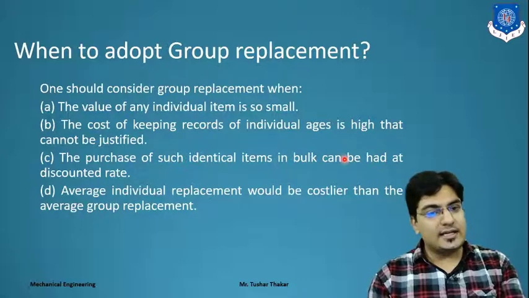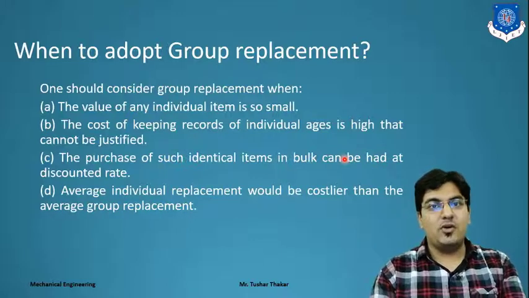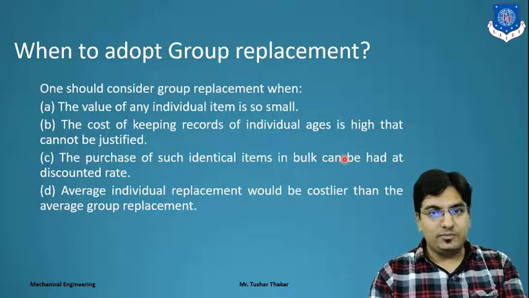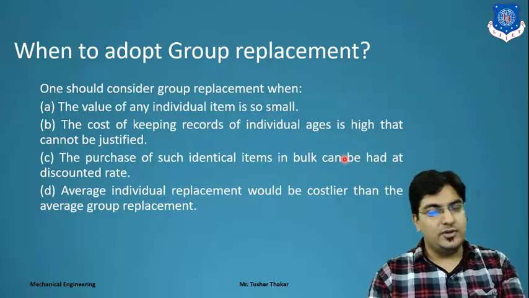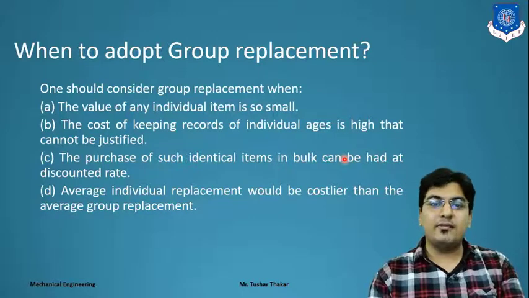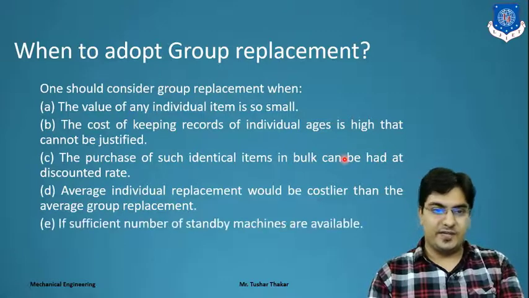As we saw in the last example, replacing 3 bulbs individually costs ₹9, but replacing the same 3 bulbs as a group costs only ₹3. So at that time we use a group policy.